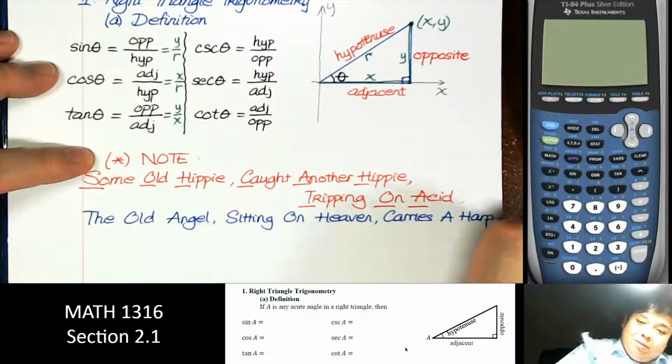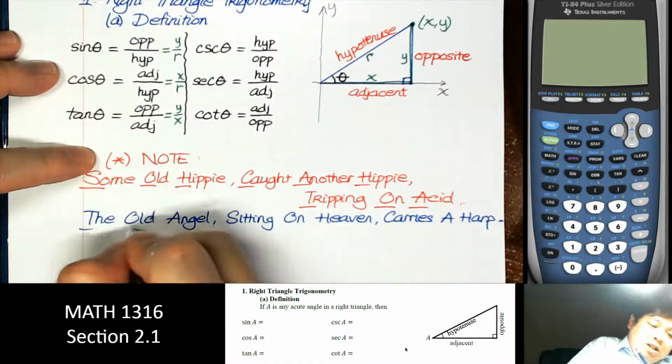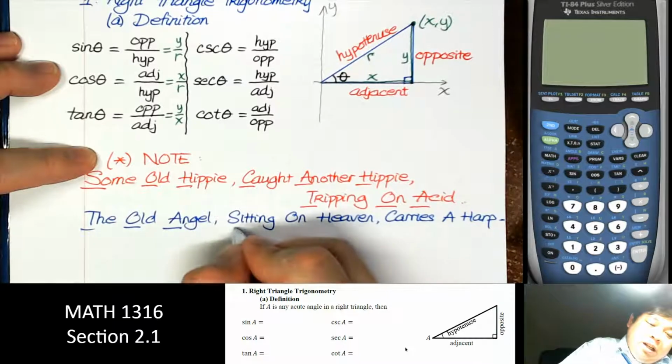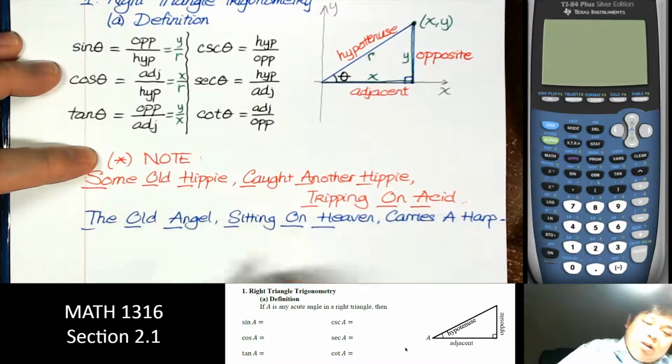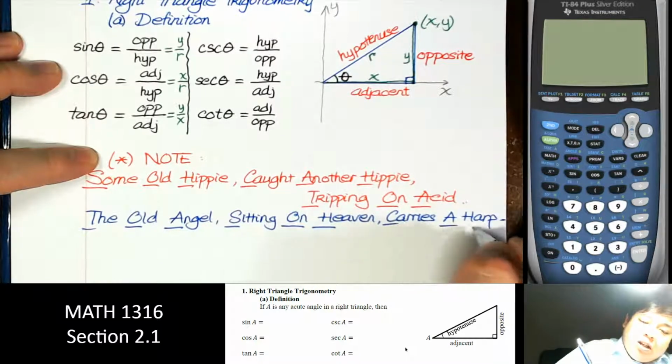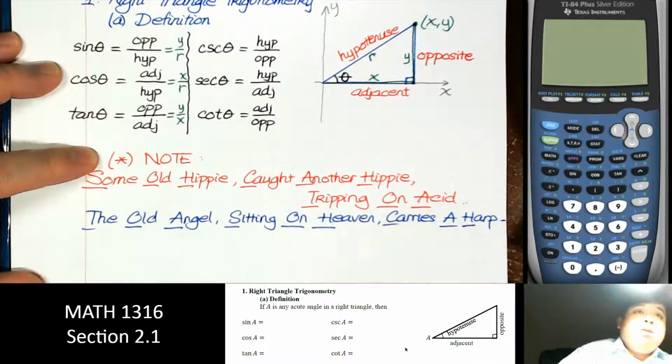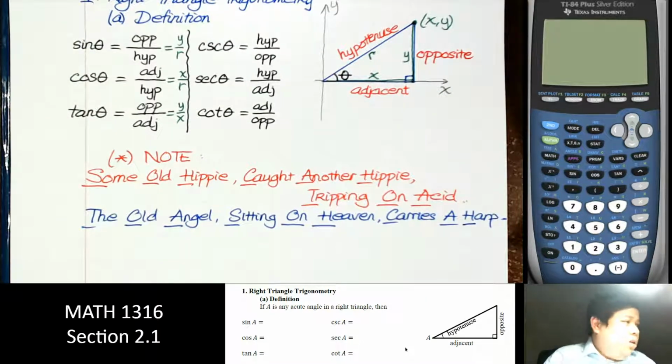Right. So tangent is opposite over adjacent, sine is opposite over hypotenuse, and cosine is adjacent over hypotenuse. Right, because there are a lot more. If you search online, that's very easy to find.